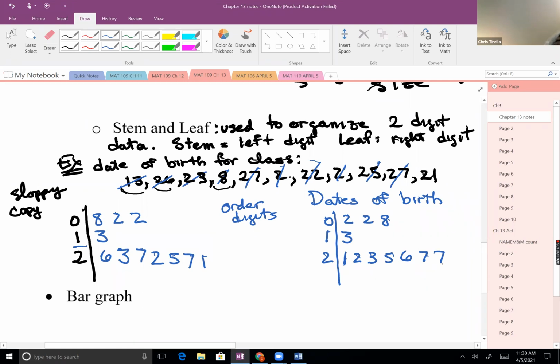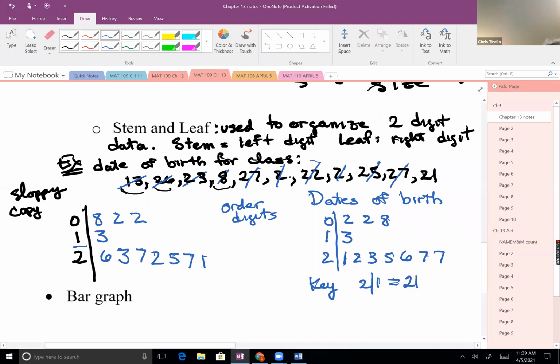A lot of times with a stem and leaf diagram, you see a key, in case somebody doesn't know how to read it. On my key, I might say that 2|1 equals the number 21. The other reason I would need a key is if instead of being dates, these had represented something like home values, then 2|1 rather than being 21 might be $21,000 or something like that.